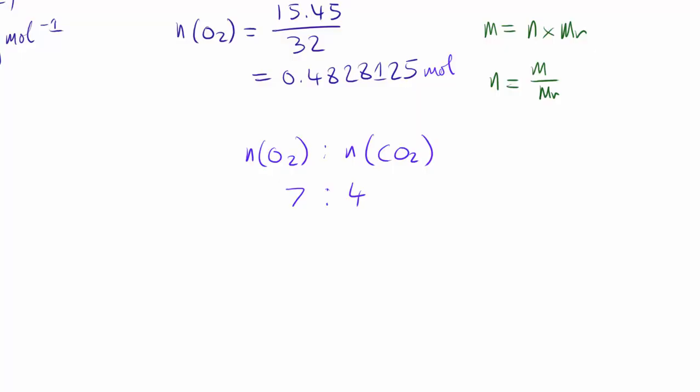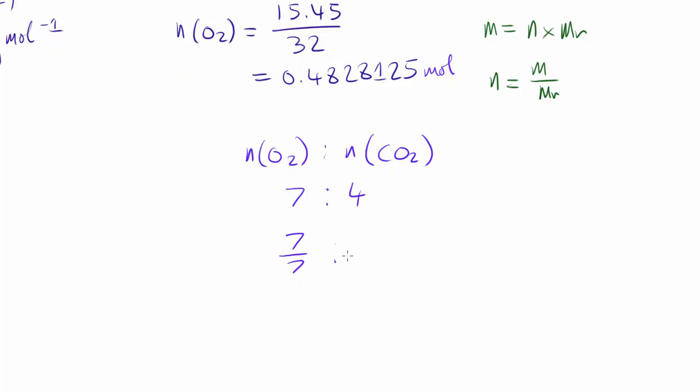So how do we figure out from this what the moles of carbon dioxide is going to be? Well, what we need to do is get a 1 on the left hand side, mainly. And the way you'd get a 1 on the left hand side is to divide it by 7. So 7 over 7, of course, is going to give you 1.